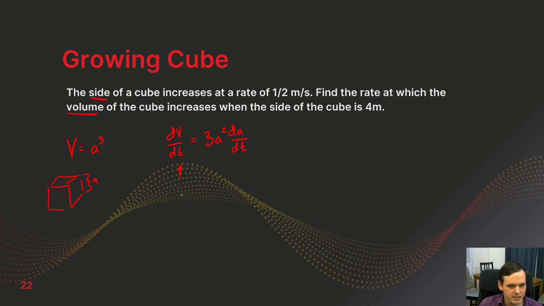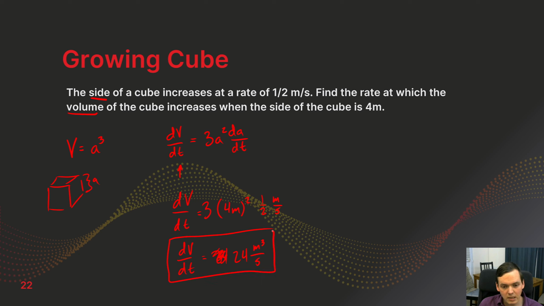Oh, nice, it's already isolated, so it's just a matter of plugging things in. dV dt is equal to 3 times 4 meters squared, and then we said dA dt is 1/2 meter per second. So 3 times 4 squared would be 3 times 16 divided by 2, so we get dV dt is equal to 24 meters cubed per second.